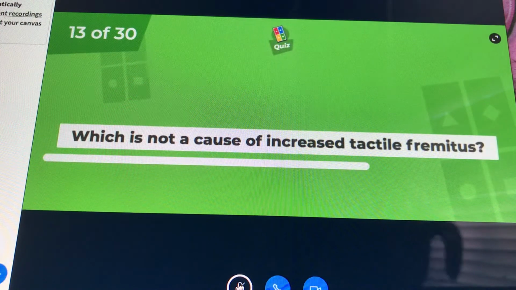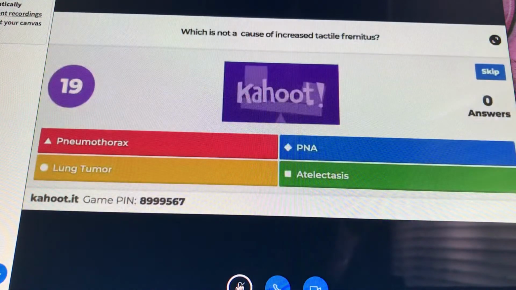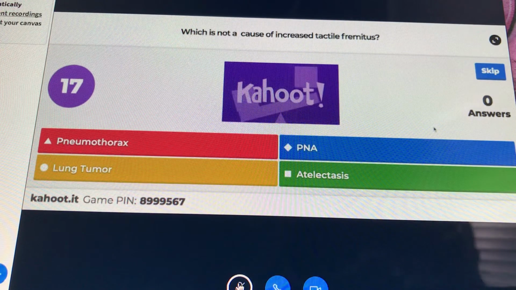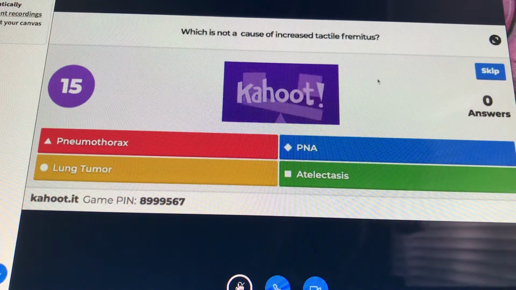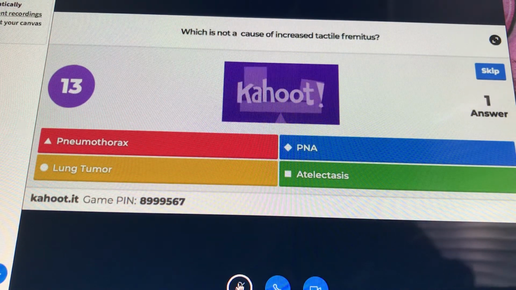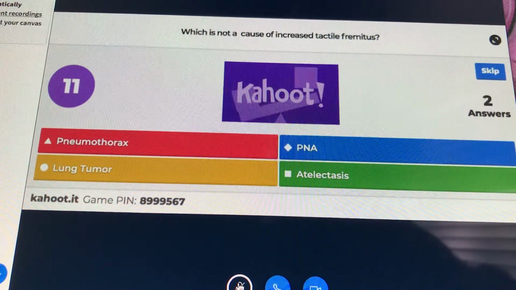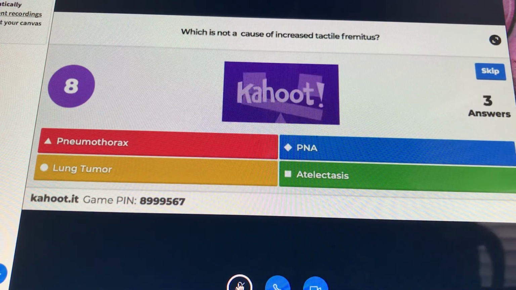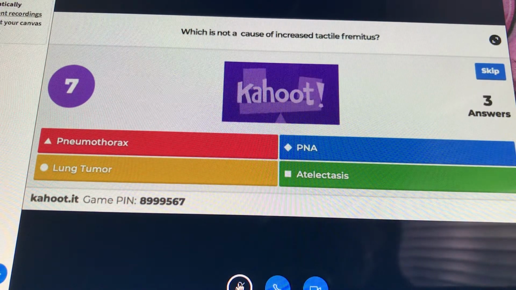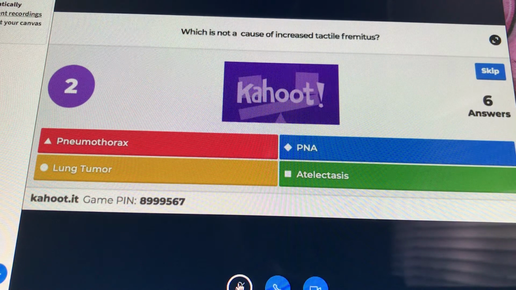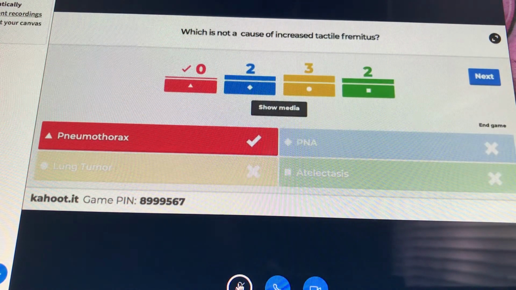Which is not a cause of increased tactile fremitus? And now you all know because we talked about this. Well, it is the pneumothorax.